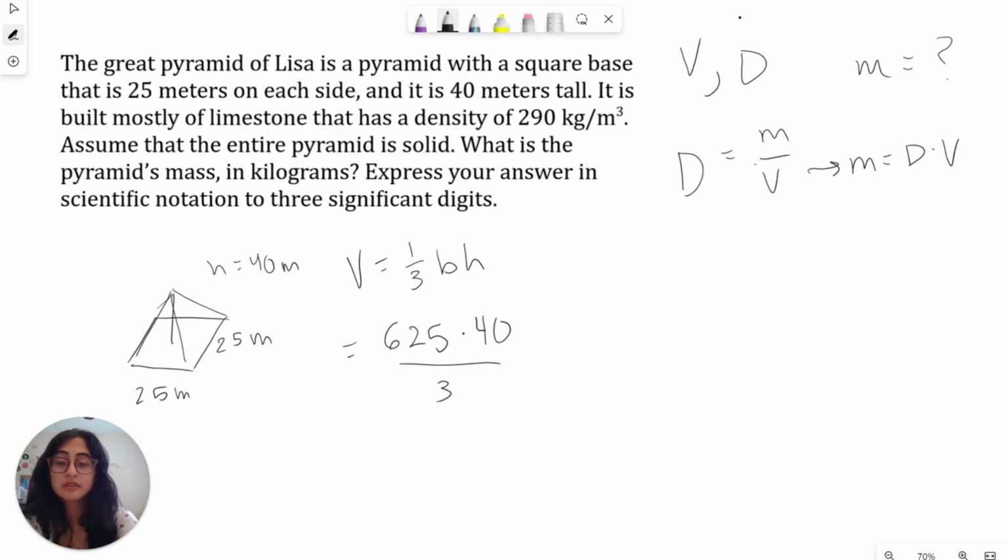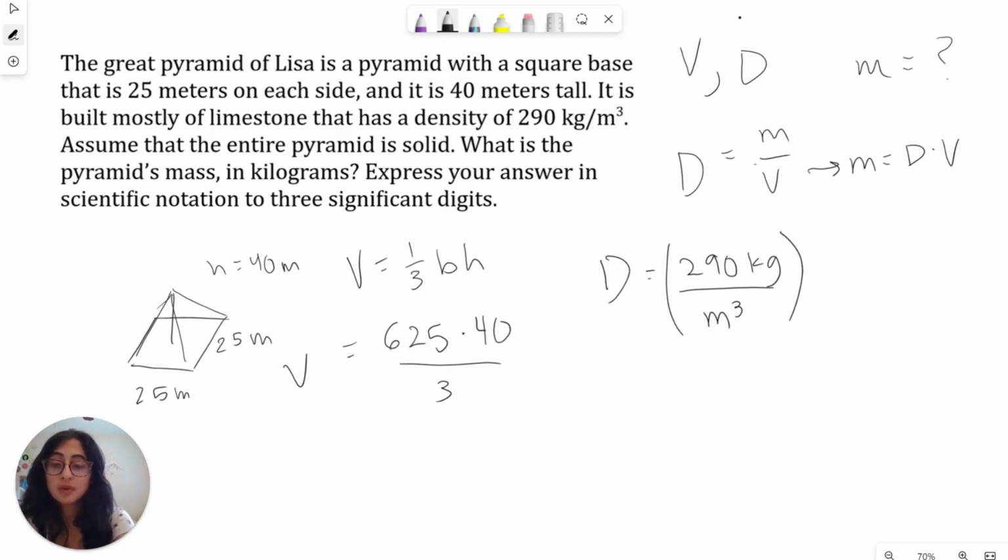We can plug this in for our volume, and our density we can also plug in. If you notice, the unit of our volume is going to be meters cubed as well, because we're multiplying the base, which is meters squared, times the height, which is meters. So our volume is in meters cubed.